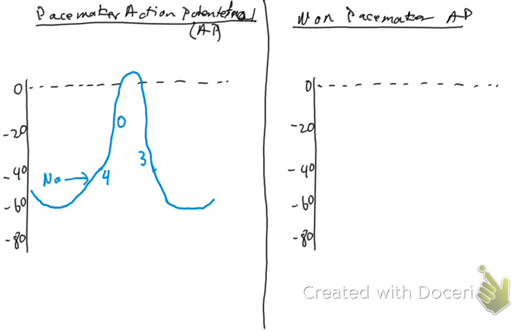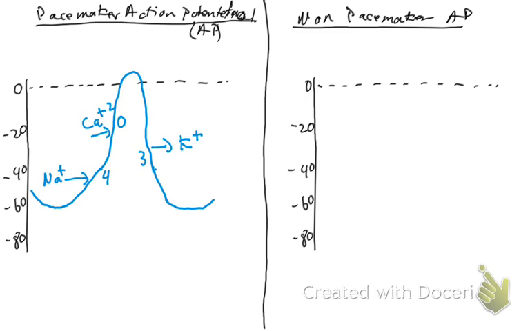Which one do you think comes first in phase 4? Yes, you're right, sodium. Which one comes second? Yes, calcium, in phase 0. So sodium and calcium are moving in, but who is moving out of the cell in phase 3? You're right, potassium. This is how the pacemaker action potential looks.